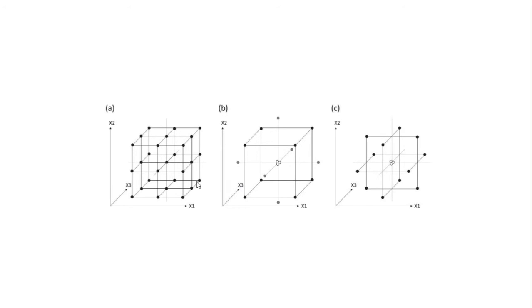A full factorial design may also be called a fully crossed design. Such an experiment allows the investigator to study the effect of each factor on the response variable, as well as the effects of interactions between factors on the response variable.